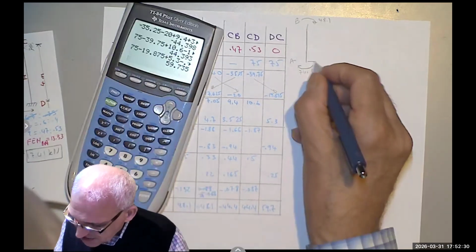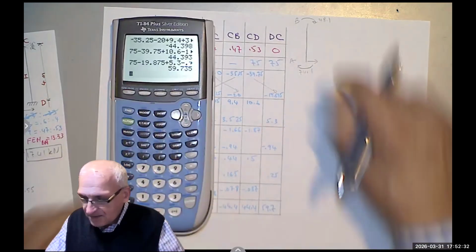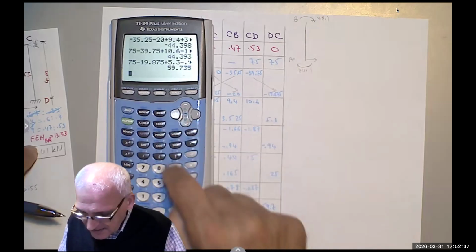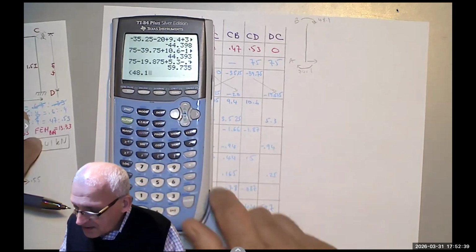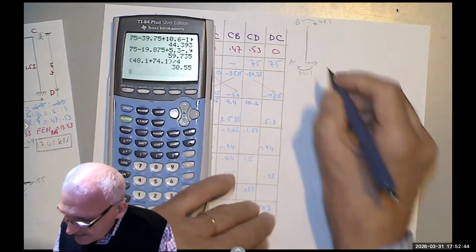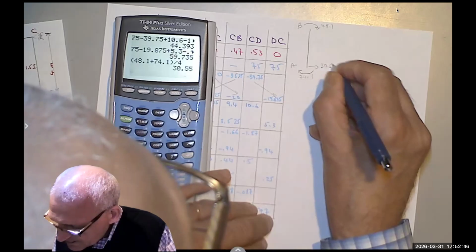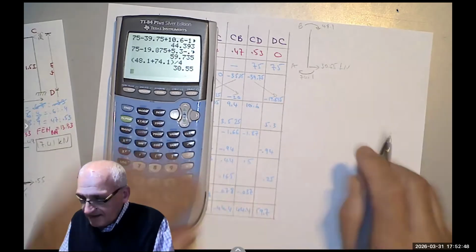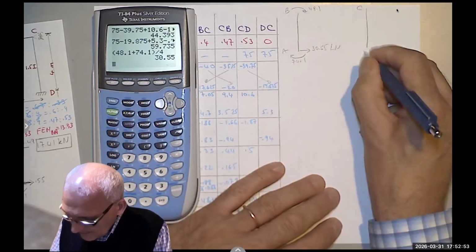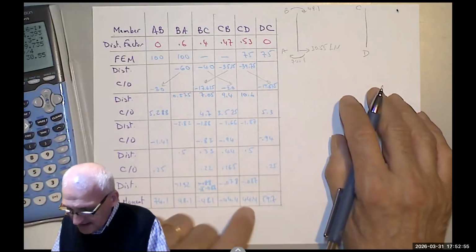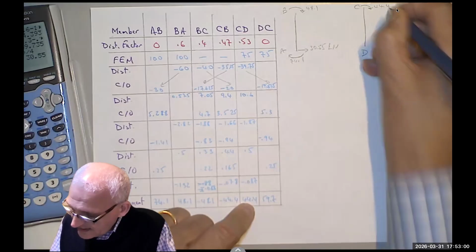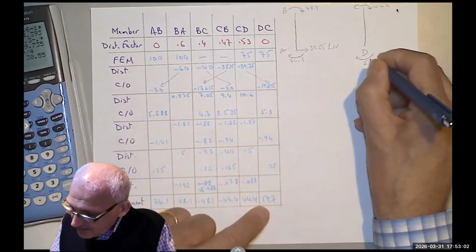So the reaction here would be to the right, the sum of these divided by 4.40, so between parentheses, it's better, 48.1 plus 74.1 divided by 4, I get 30.55 kilonewton. Then I'm going to take CD. The moment CD is again 44.4, and this is 59.7.